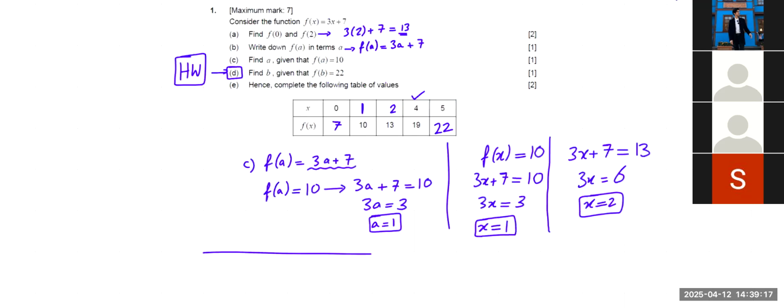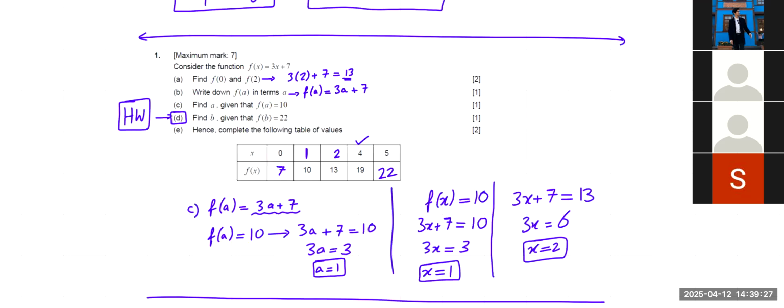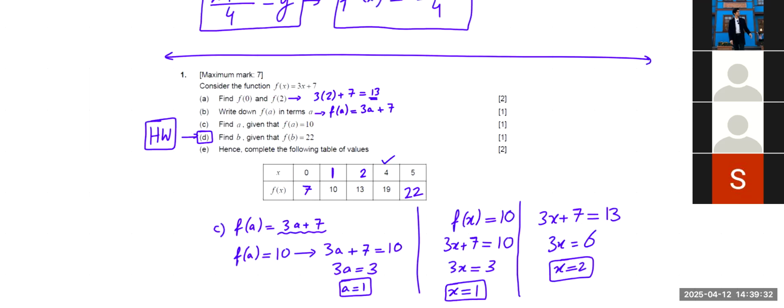So that's basically the easiest kind of problem you can end up with. Can I ask? Yeah, what's up? The one you said as homework for b, isn't that just the last thing, right? Oh yeah, it is actually, isn't it? It is. Good job, yes. Because it says that f of b, some number, when we input it into f of x, we get 22 as the output.